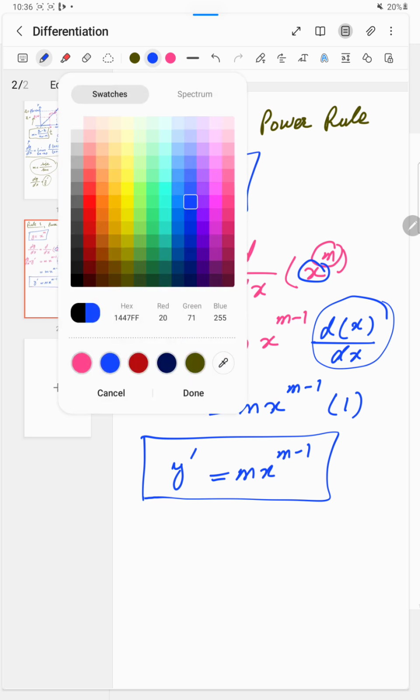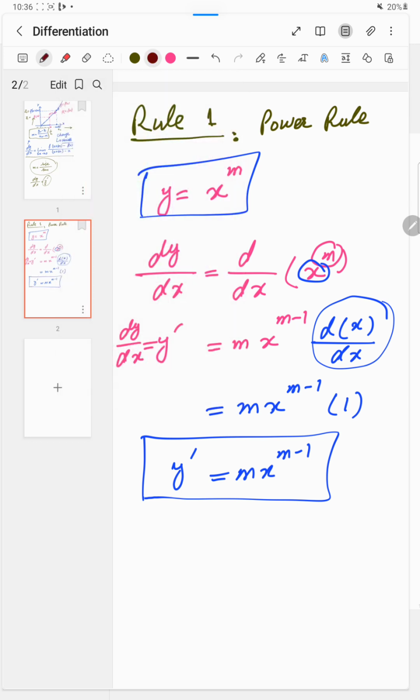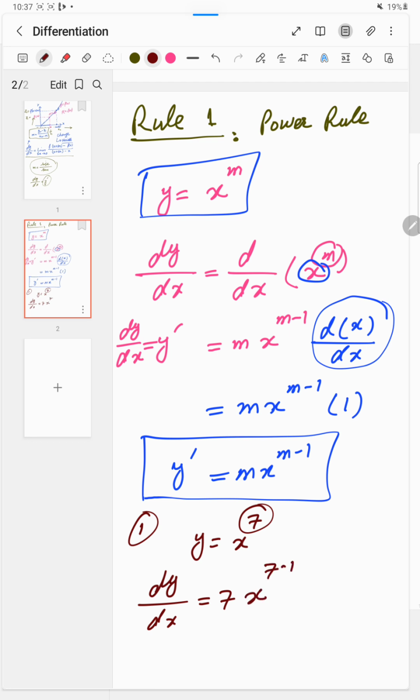Now we take a specific example. Let's suppose we have y equal to x raised to the power 7 and we have to differentiate it. So dy over dx is equal to the power, here 7, and then we remove 1 from the power, so it becomes 7 minus 1, and the derivative of the base.